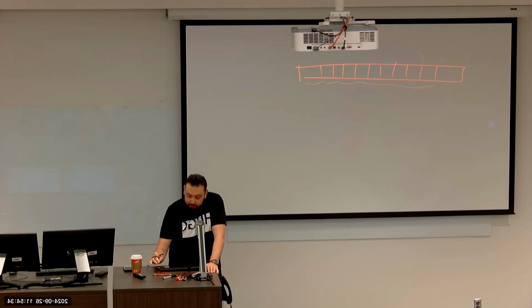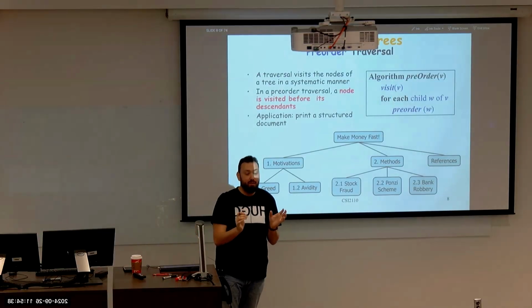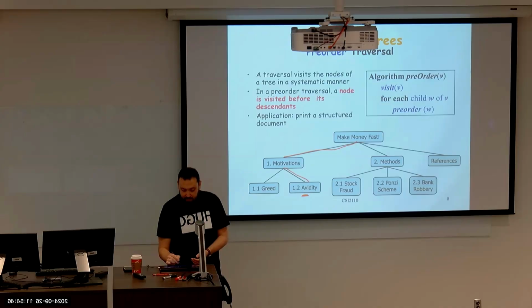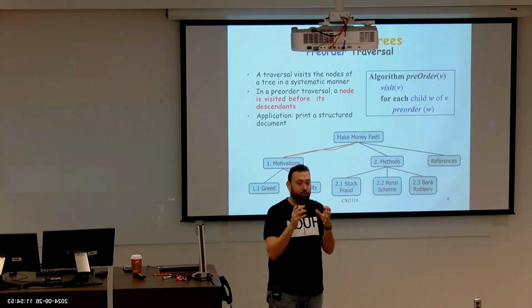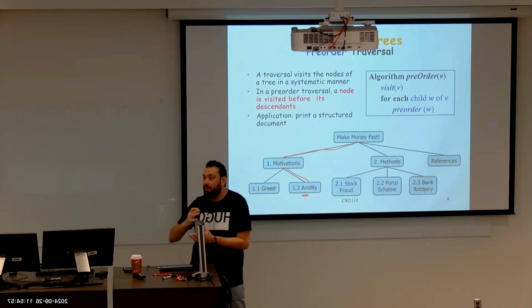Now, what if I want to organize my data in a way that, let's say I want to go here. So look, if I go here, it's going to be like this, like this. I didn't even look at these things. So it's faster. So that's the idea of the data structure or the data type of a tree that will be able to access something in a faster way.